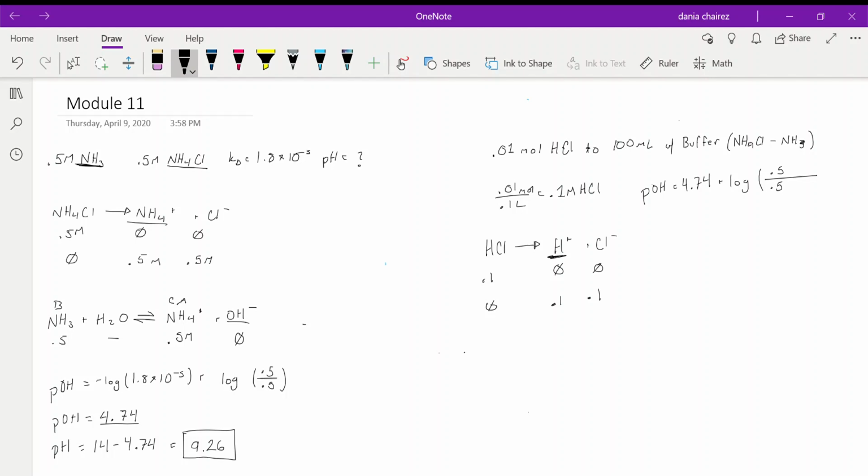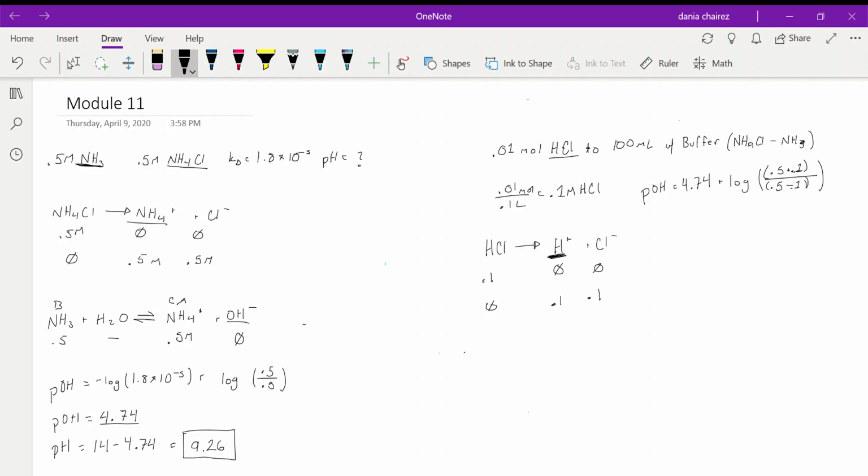But now we're adding HCl, which means we're adding H pluses, which means we're adding to our acid concentration, which is our conjugate acid. And because we're adding to our acid concentration, that means we're going to be subtracting from our basic concentration.